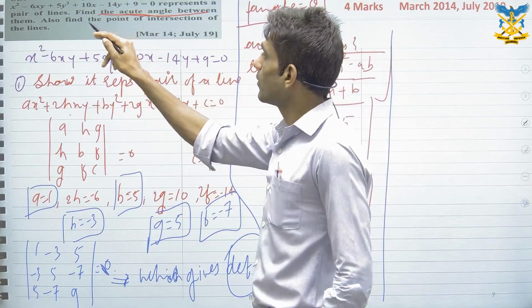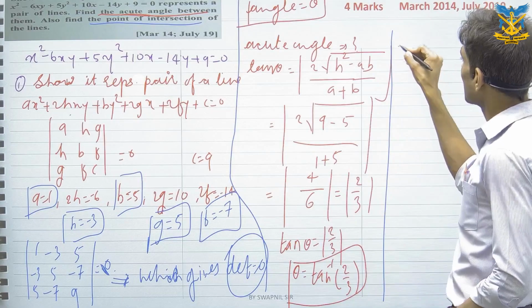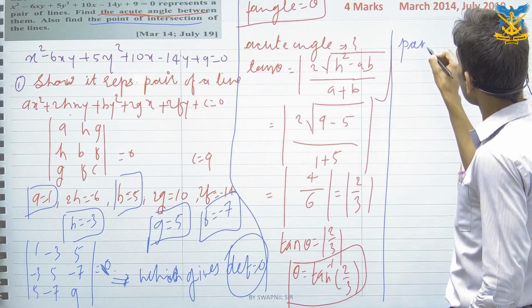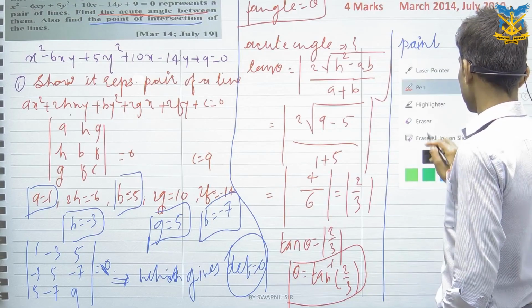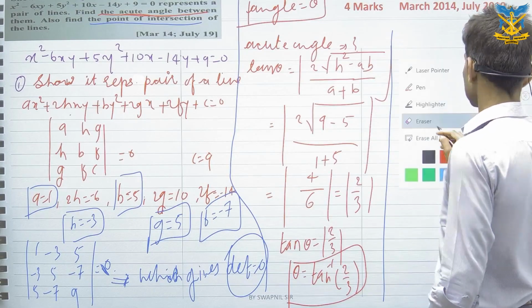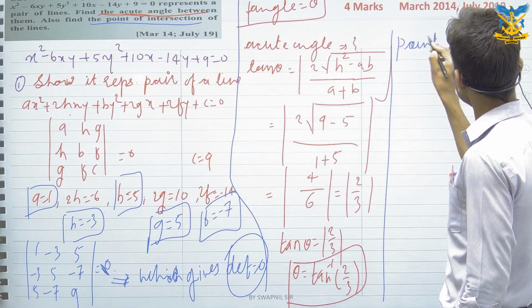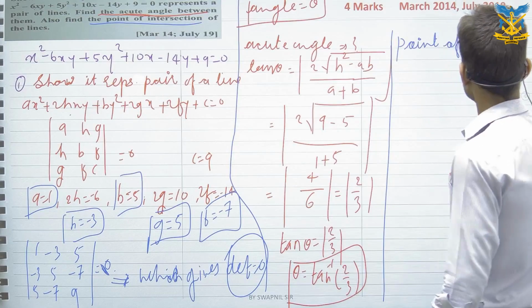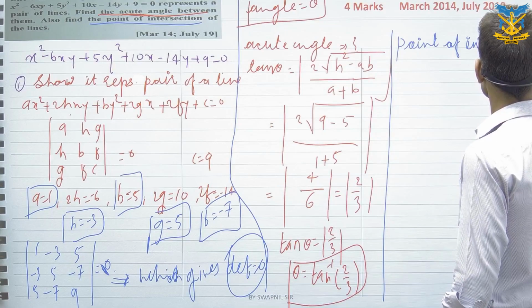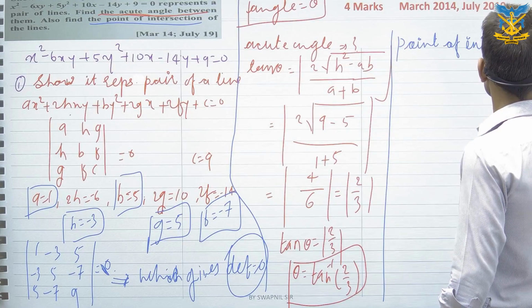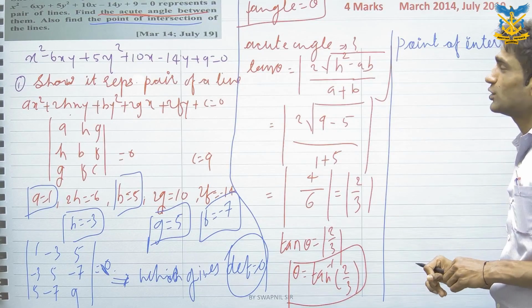Now next, how to find the point of intersection of the lines. We have to find out the point of intersection of the lines.